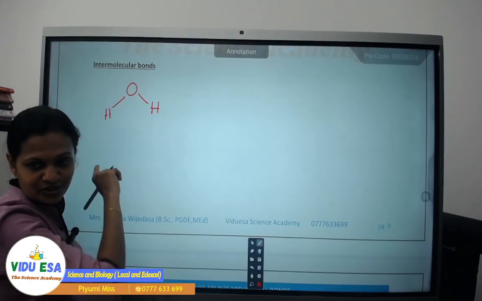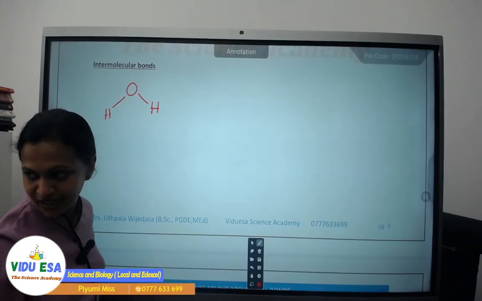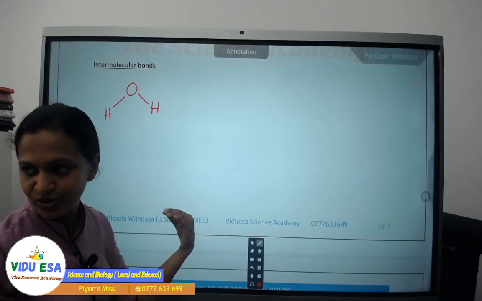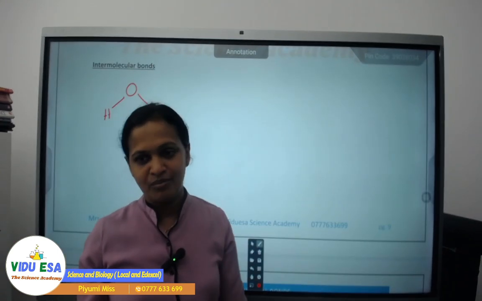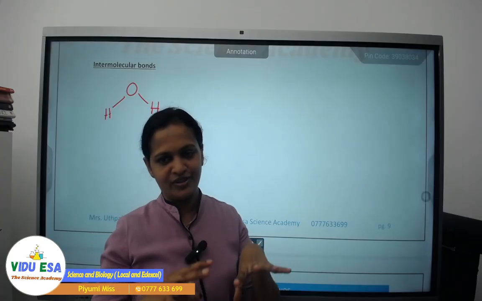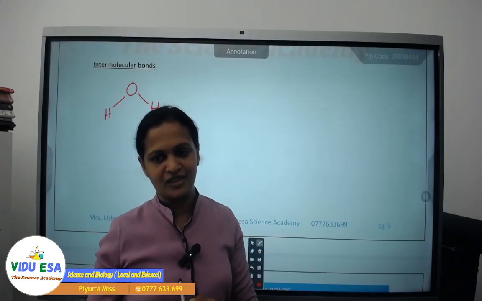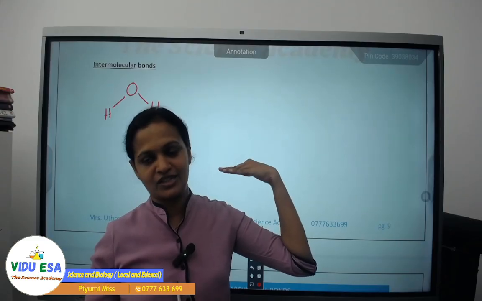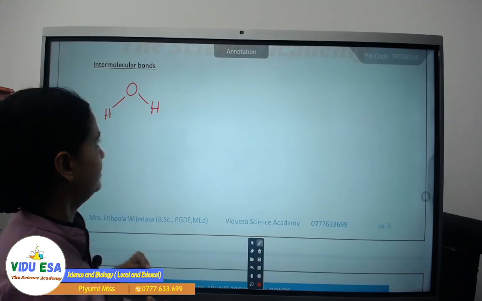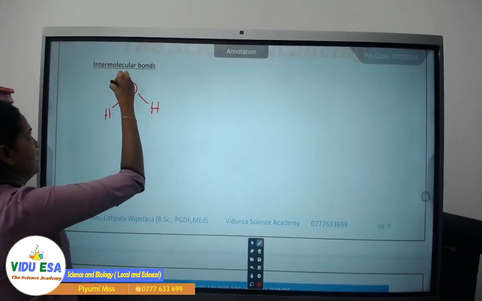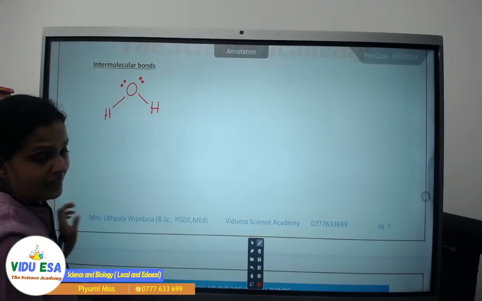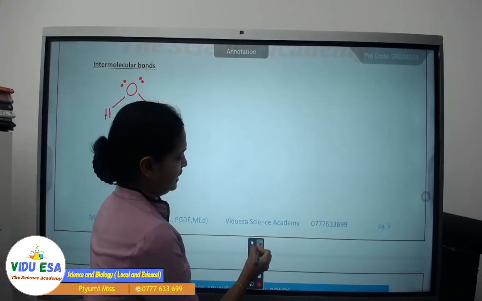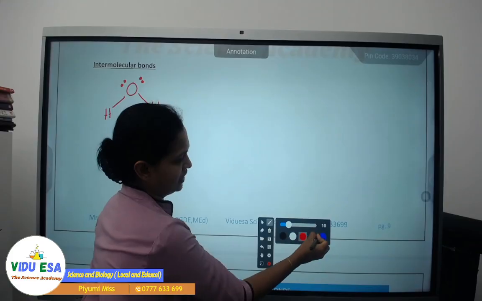I asked you not to draw it as a linear molecule. CO2 we can draw as a linear molecule, but H2O we draw like this because according to the arrangement of the electrons in 3-dimensional space, it is distributed as an angular molecule, and oxygen has 2 lone pairs here.